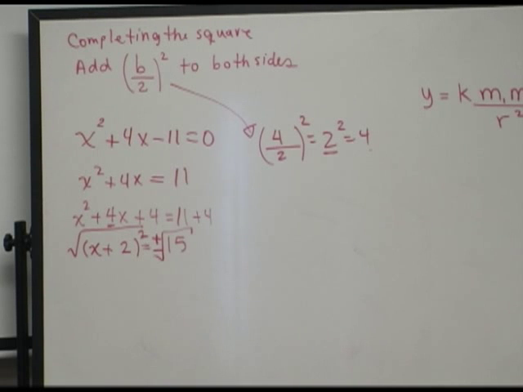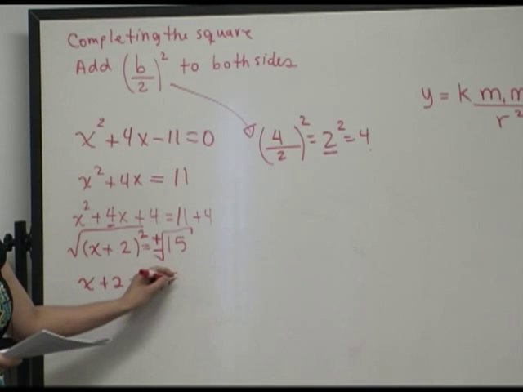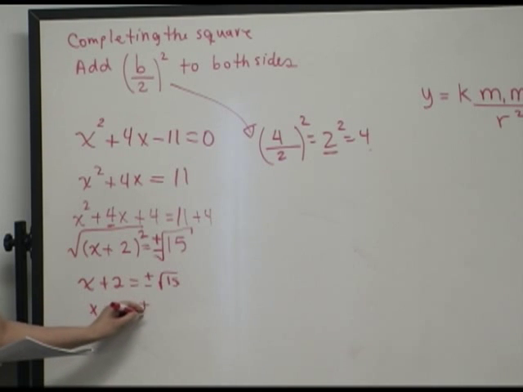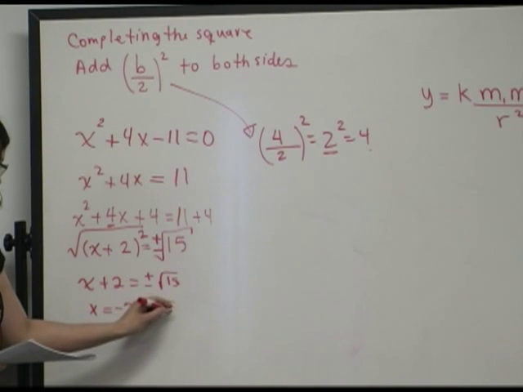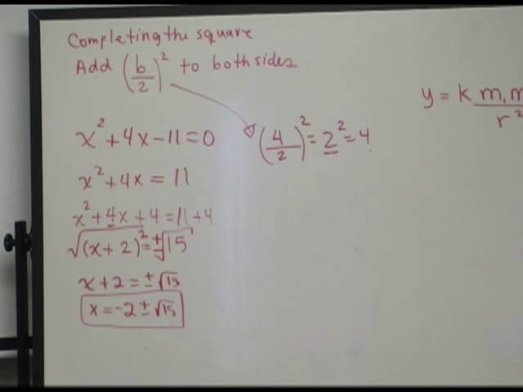Every time you use the principle of square roots, remember that plus or minus. So now we have x plus 2 equals plus or minus the square root of 15. Now those are your two answers: negative 2 plus or minus the square root of 15.